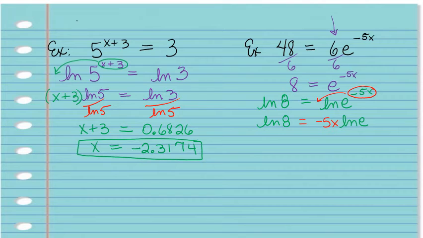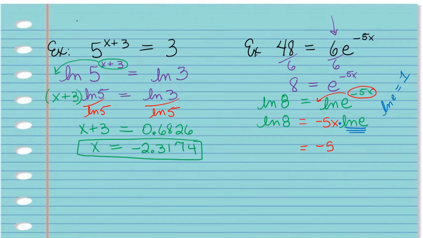But what's different on this one is that ln e, or natural log e, is equal to 1. Natural log e is equal to 1. And so this is really gone. It's really times 1. And so I don't have to divide on this one.